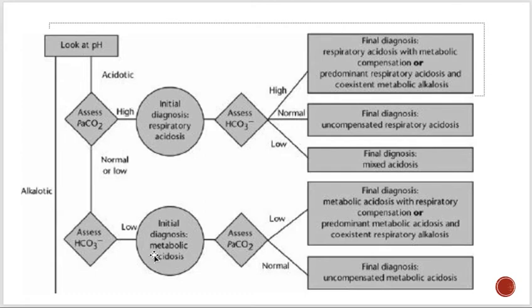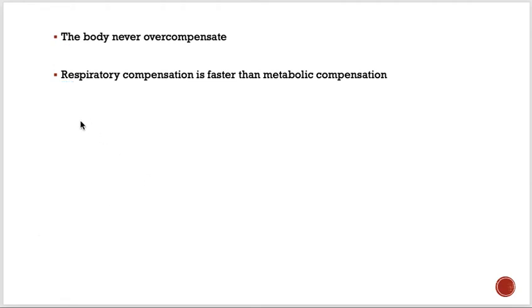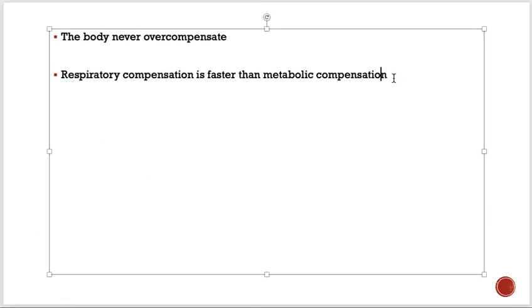Now anion gap is something I can show you here. The anion gap can be calculated this way: we add the cations, which is sodium plus potassium. Sodium and potassium both have a positive charge, right?